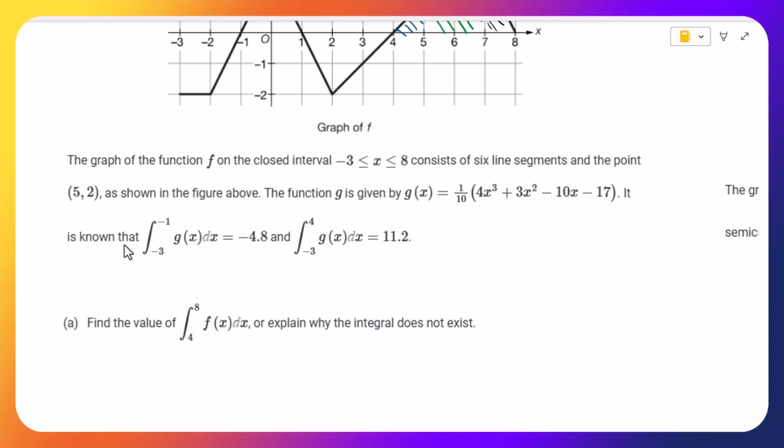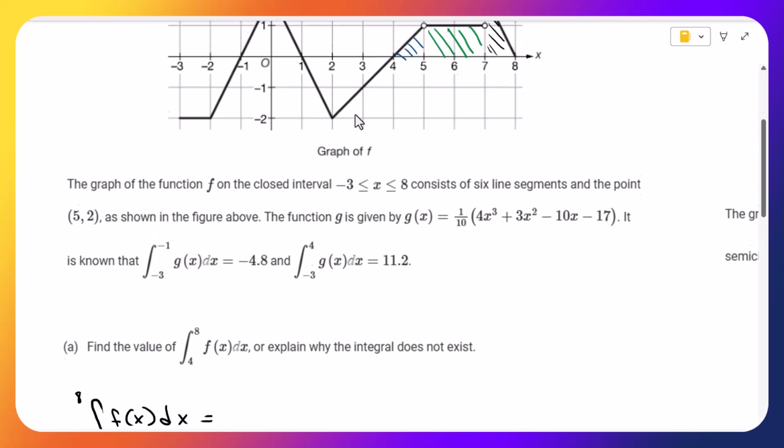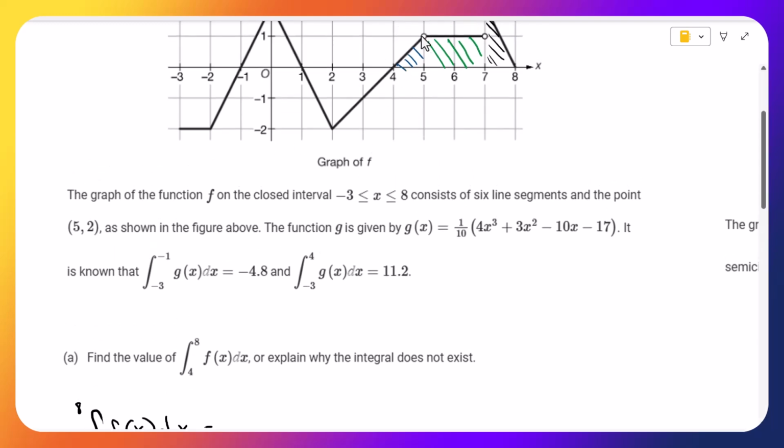So this is the integral from 4 to 8 of f of x dx equals, and here the work is really just showing the numbers that we're adding. So what is the area of this first piece? This is 1 times 1 divided by 2.